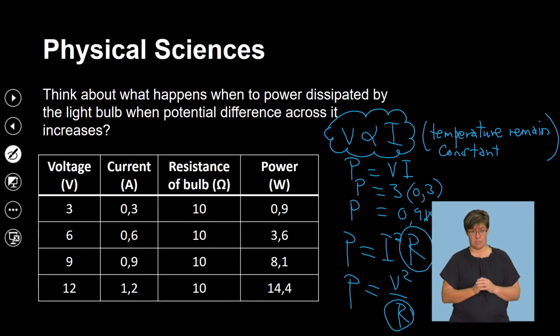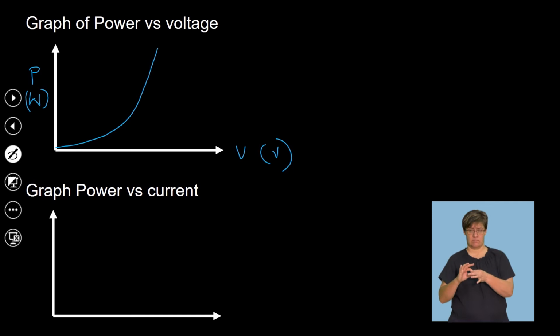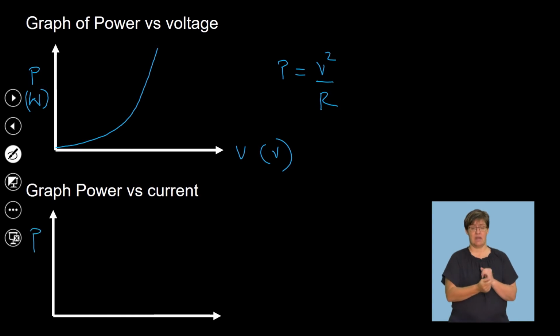So from the graph, we can immediately say we'll have P on the vertical axis, P in watts, and the voltage in volts. And then we get this kind of a relationship, because this is based on P equals V squared over R. The same would happen with the current.